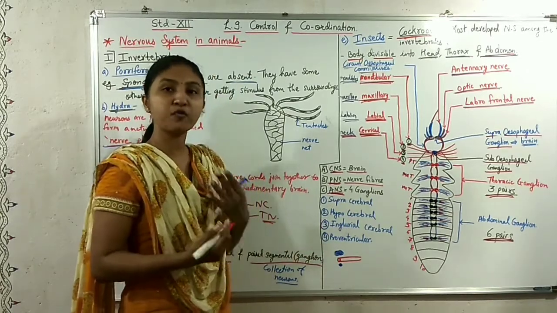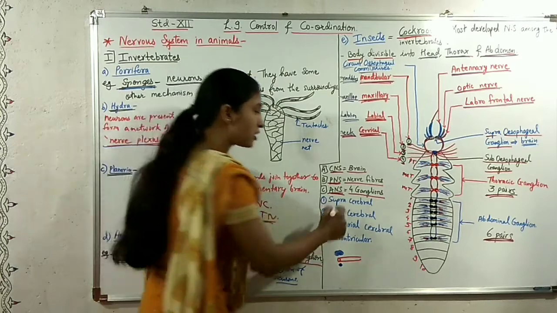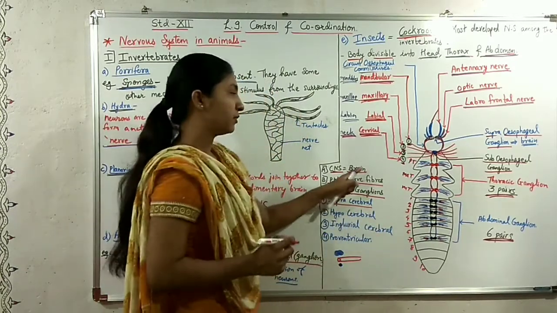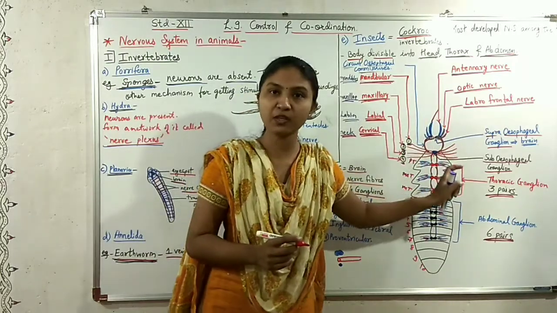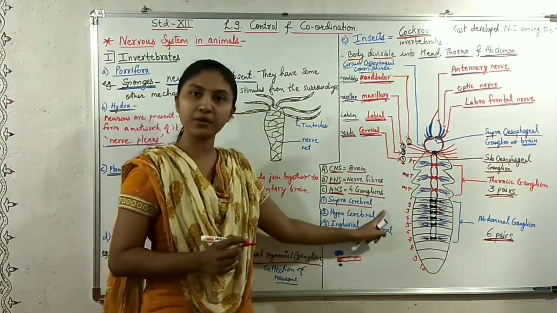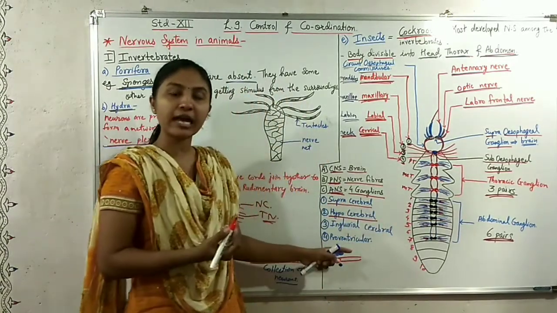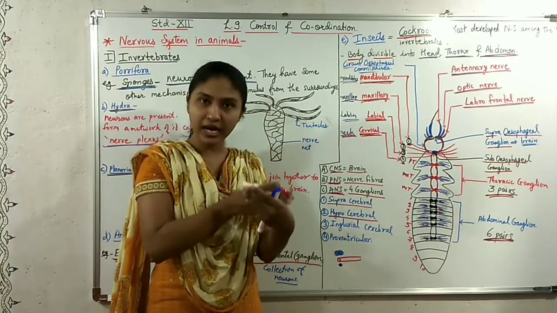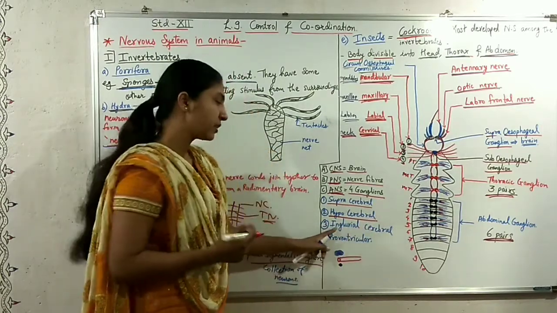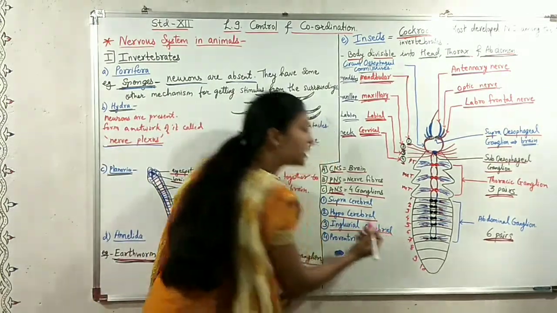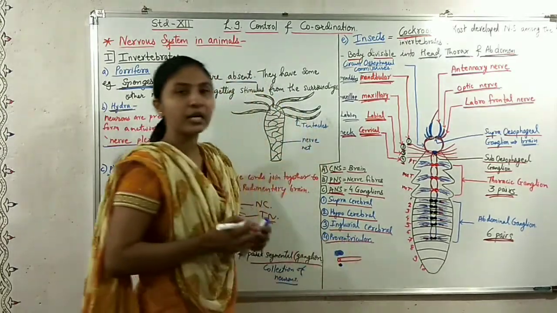It consists of 4 ganglions. First is the supracerebral ganglion, the one which is present above the brain. Second is the hypocerebral ganglion, the one which is present behind the brain. The third is the ingluvial ganglion, and the fourth is the proventricular ganglion.